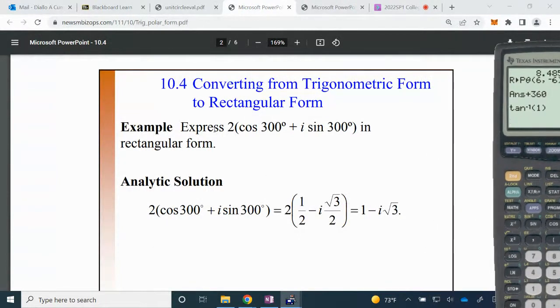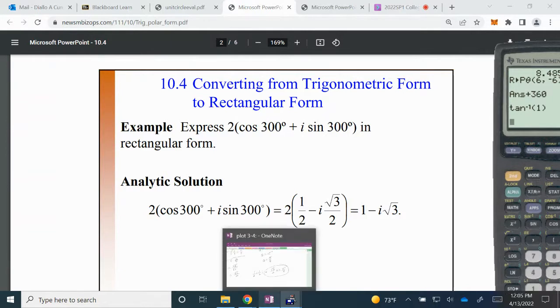All right, so in this example, it says express 2 times the cosine of 300 degrees plus i times the sine of 300 degrees in rectangular form. In order to do that, I'm just going to work this out on another slide.